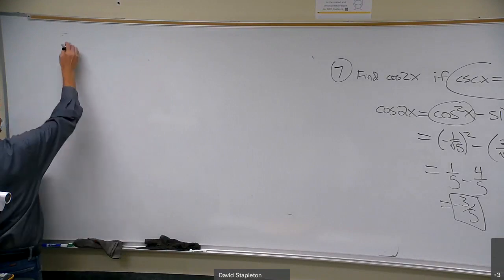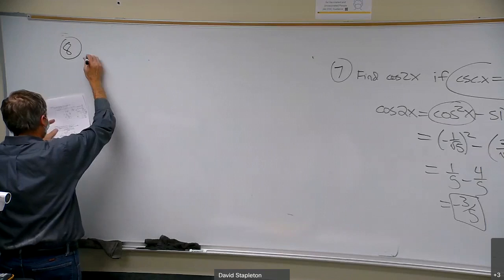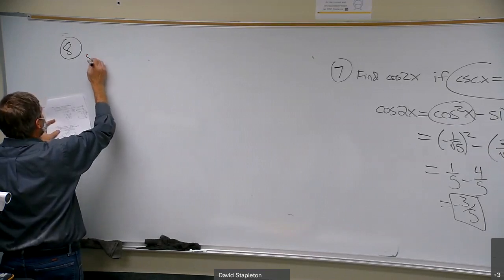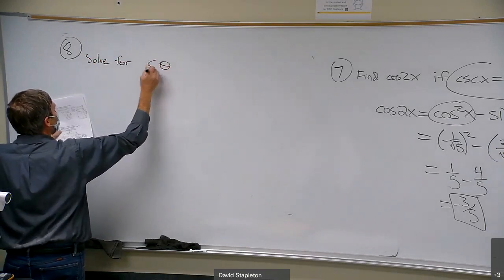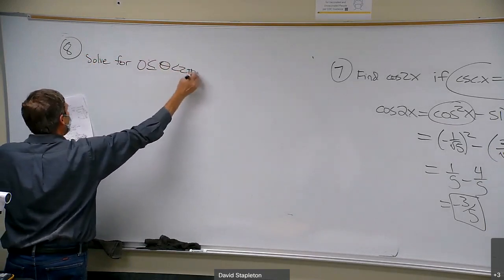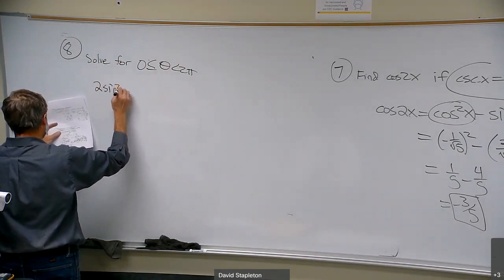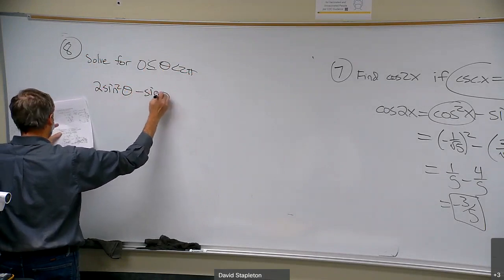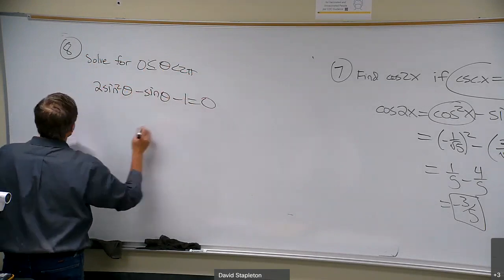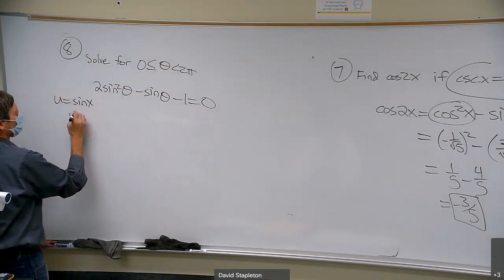Oh, here's number 8, the last one, hardest one. Save it for the last. Solve for theta between 0 and 2 pi the equation 2 sine squared theta minus sine theta minus 1 equals 0. My suggestion is write u equals sine theta to recognize a quadratic equation.